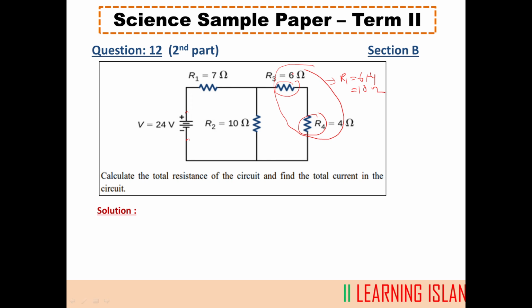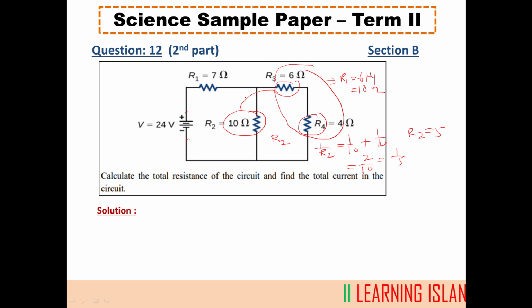Now this R1 is connected in parallel with this. If the equivalent resistance of these two is R2, then I can write 1 by R2, because it is in parallel, 1 by 10 plus 1 by 10. This is 2 by 10, that is 1 by 5. So R2 is 5 ohm.